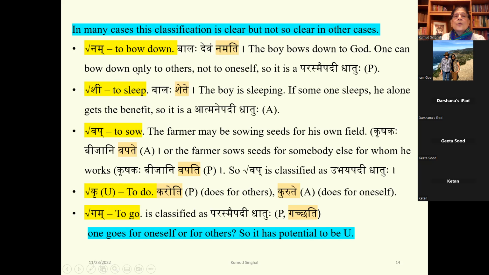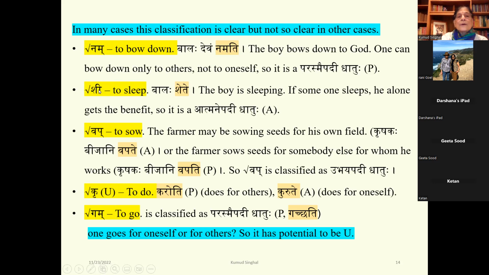One can only bow down to others, not to oneself. So here the action is done for others. So nam is a parasmai padi dhatu, and the verb form is namati, right?